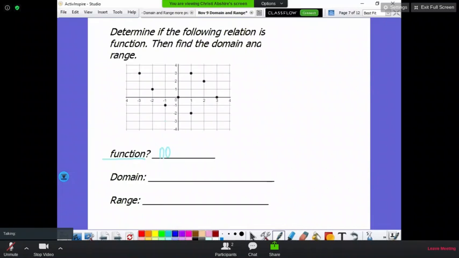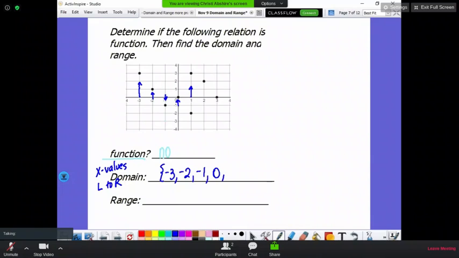The domain is all of the X values. So domain starts from left to right, X values. And I'm going to go least to greatest, so that's left to right. So I'm going to start over here. The first one is in line with -3, then -2, then -1, 0.